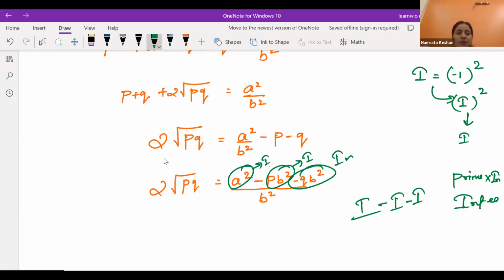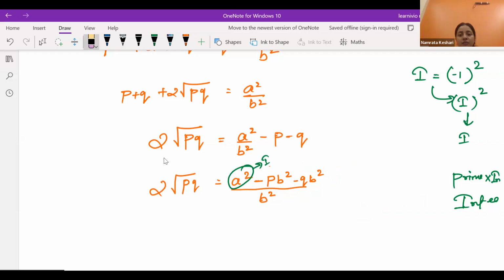So the numerator is an integer. Are you convinced that the numerator will be an integer? Whenever you add or subtract two integers, the result will be an integer only.